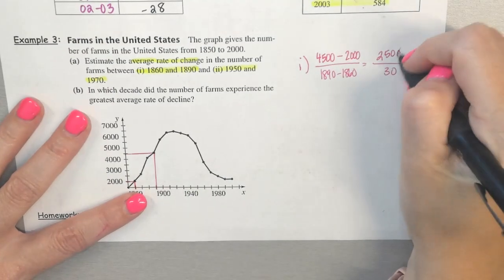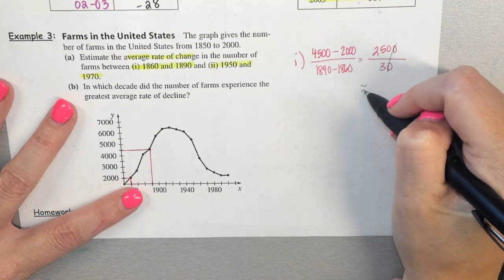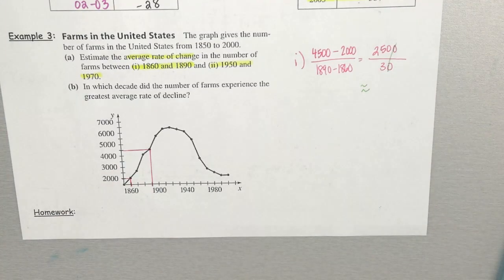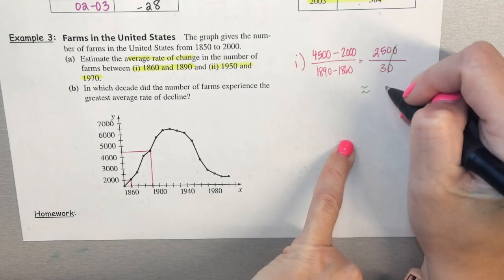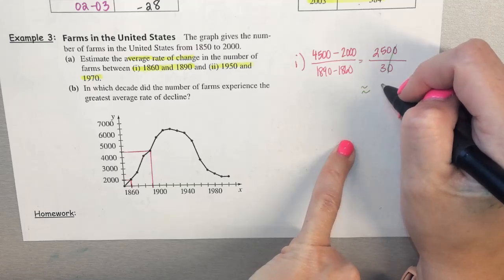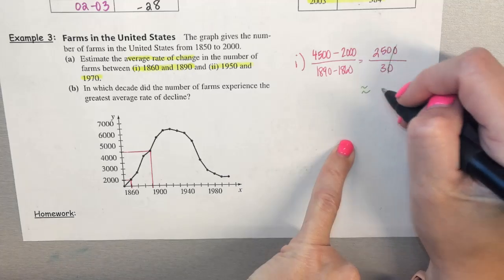If I can cancel out the zeros, I will. It doesn't go in evenly, so what did you get as your value? Jaden, did you get that? Yep.